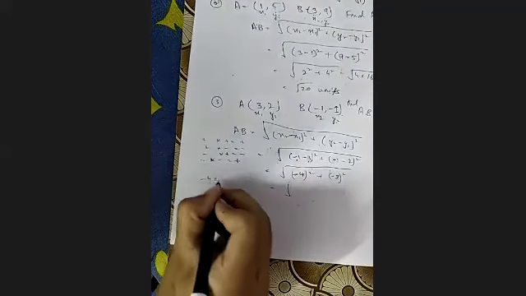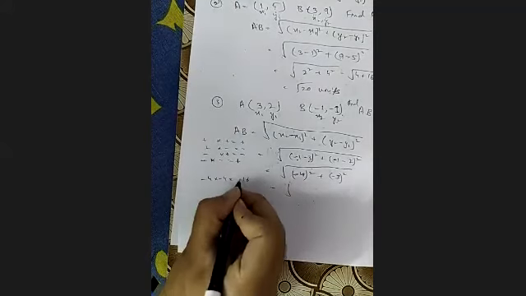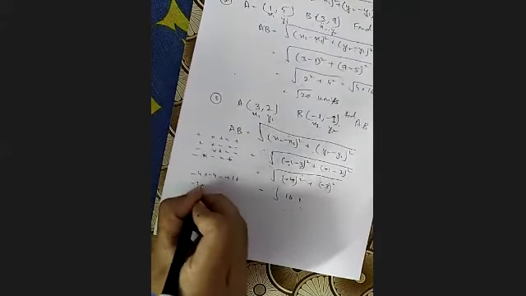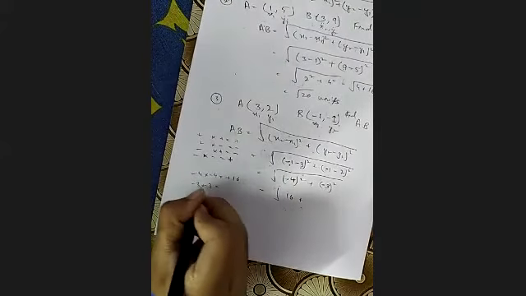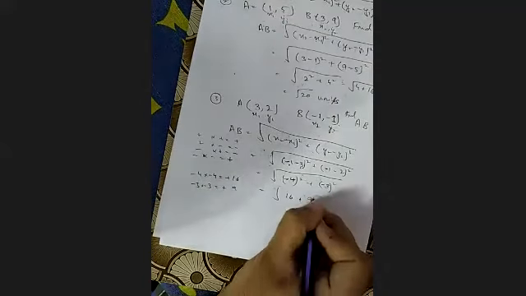So minus 4 into minus 4 will become 4 4s are 16. Plus minus 3 into minus 3, that will be minus into minus plus, 3 3s are 9. So 9. Understood till here?